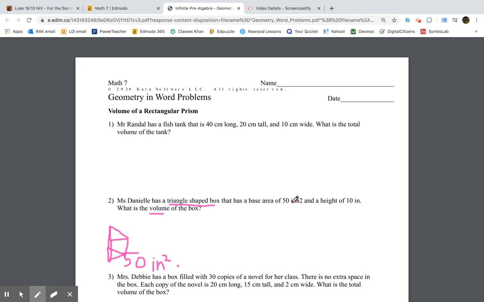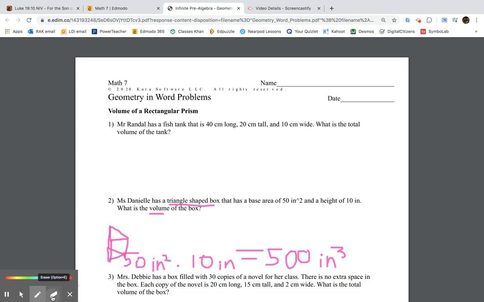So we're going to take the area and multiply it by the height of 10. So that's going to be 500. 500 what? Well, that was inches squared times inches, so that's 500 inches cubed. Those are the units. If it gives you the area of the base, ooh, you're one step ahead.